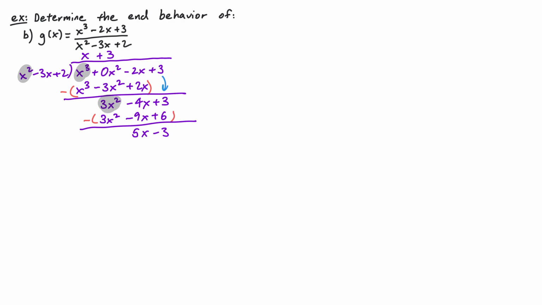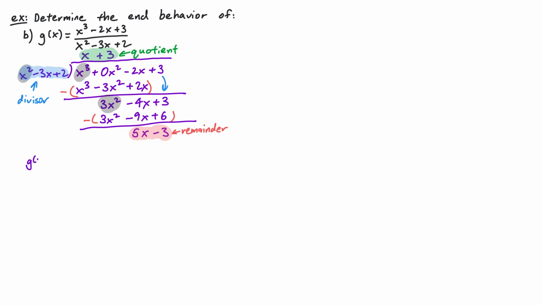So, in this long division, the x squared minus 3x plus 2, that's our divisor. The x plus 3, that's our quotient. And the 5x minus 3, that's our remainder. Now, remember that any fraction can be written as the quotient plus the remainder over the divisor.